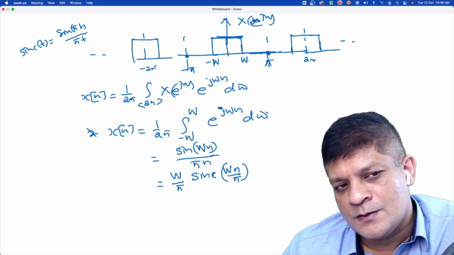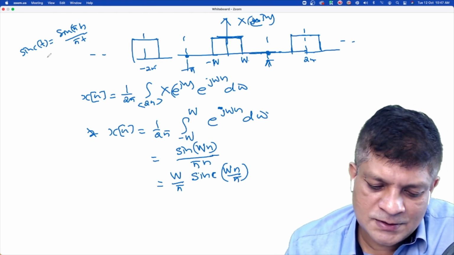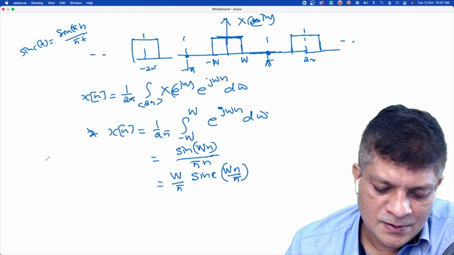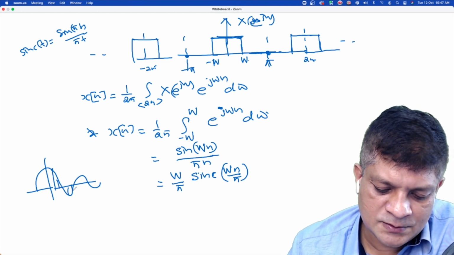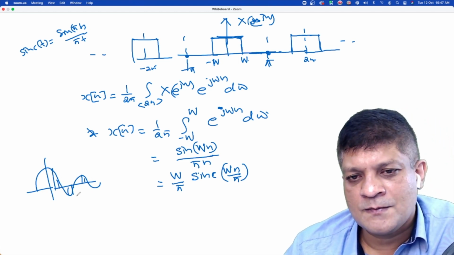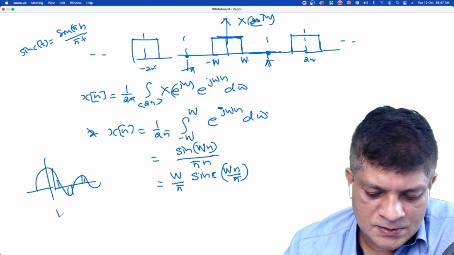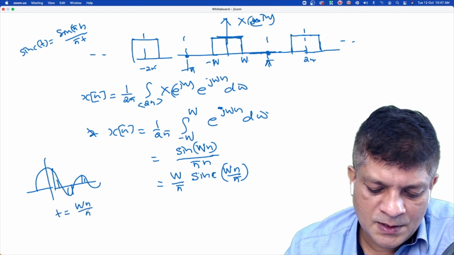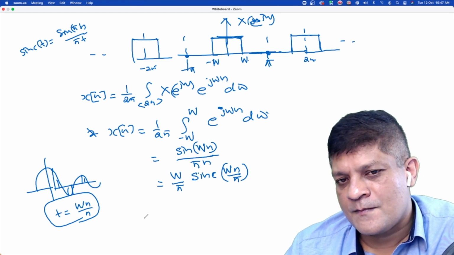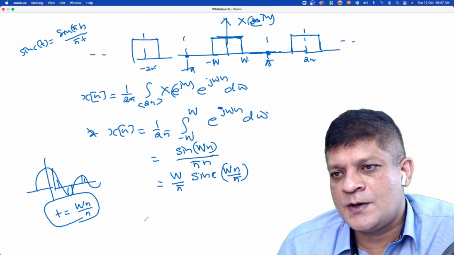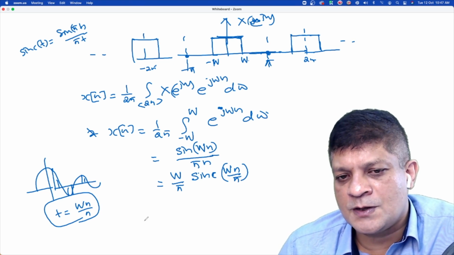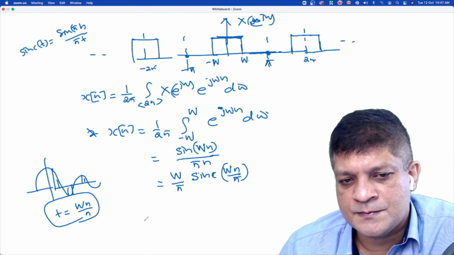Can we write it as a sampled version of the sinc function? These values are some sampled values, isn't it? When t is equal to Wn by pi, it is a sampled version of a continuous time sinc function.